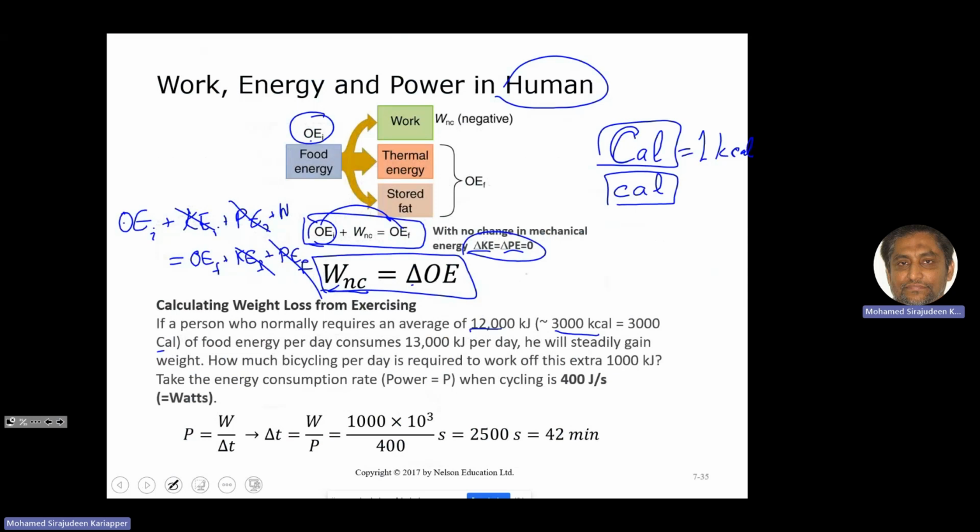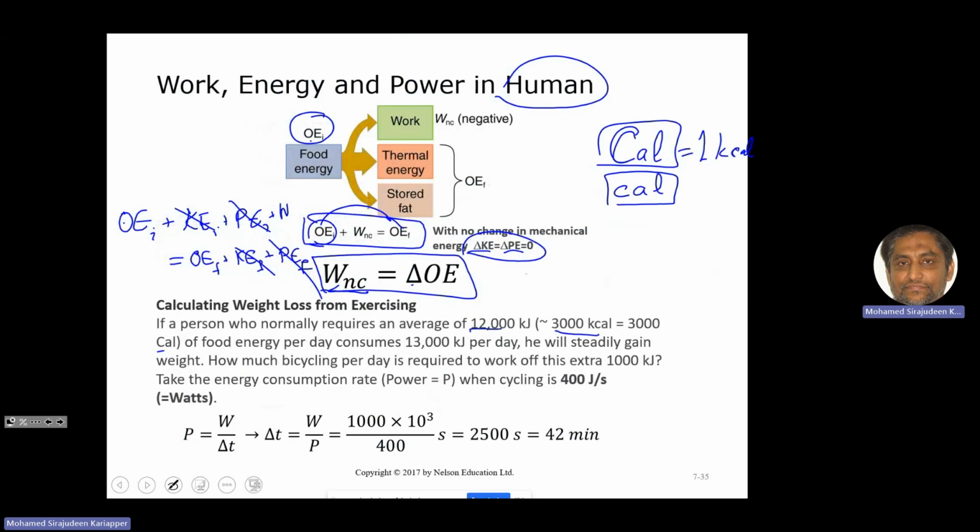Say a person, in a day, requires only 12,000 kilojoule. That means he will use up all the 12,000 kilojoule. If he eats food which gives an energy of 12,000 kilojoule, he will use it the whole day, so he has not got any extra calorie.